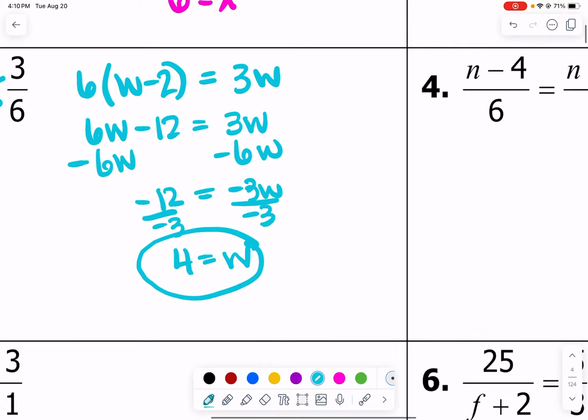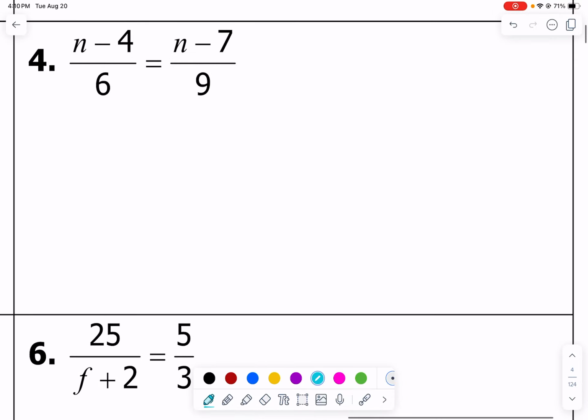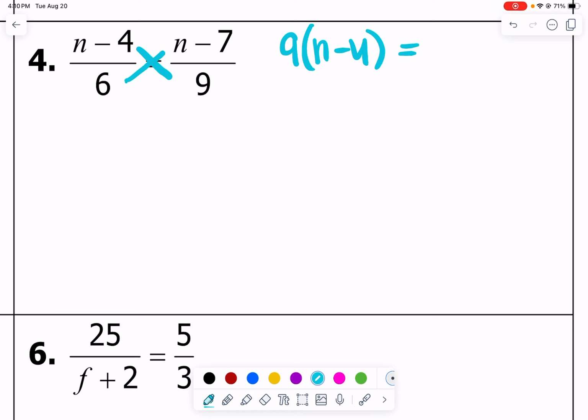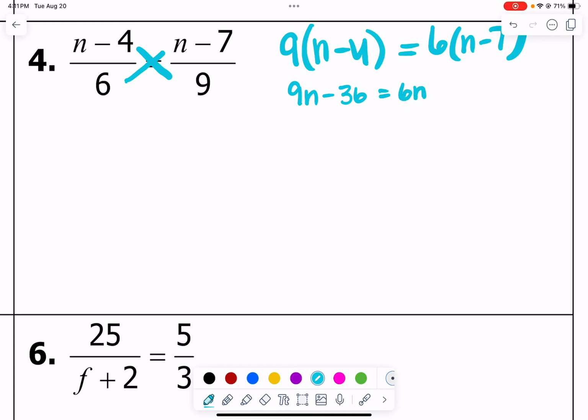Now we're going to look at number 4. We will cross these. So we will do 9 times n minus 4 is equal to these 2. So we're going to say 6 times n minus 7. So we get 9n minus 36 equals 6n minus 42. I'm going to add 36 to both sides.